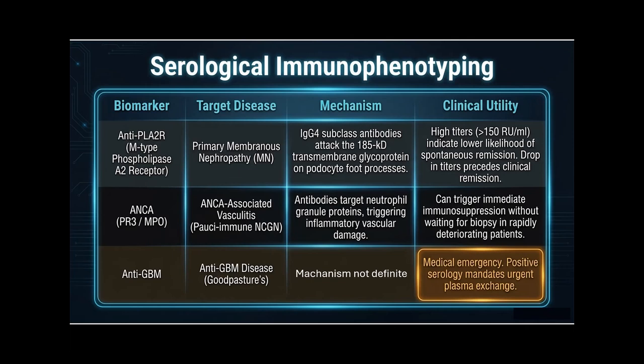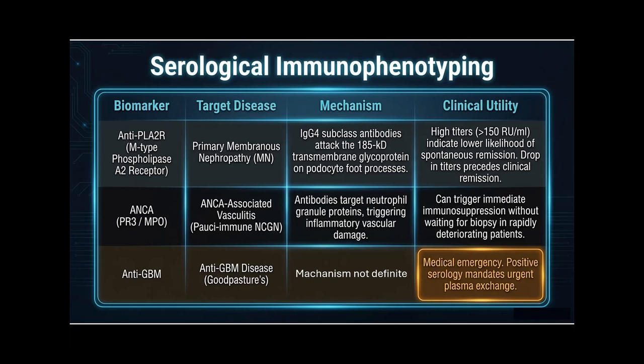The second one is the ANCA, which is PR3 and MPO. What are these? PR3 and MPO are neutrophil antigens. These neutrophil antigens are released into the circulation, and that is what produces ANCA-associated vasculitis. That's why this is called pauci-immune glomerulonephritis, non-immune complex glomerulonephritis.